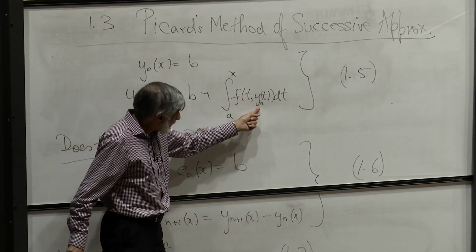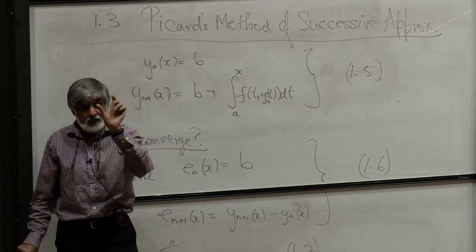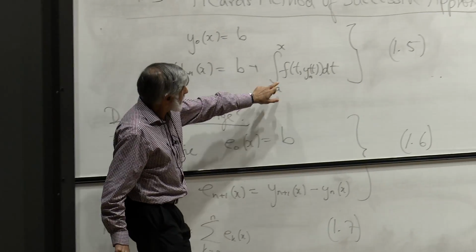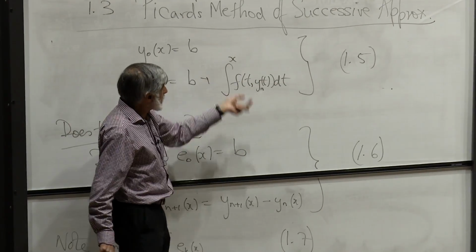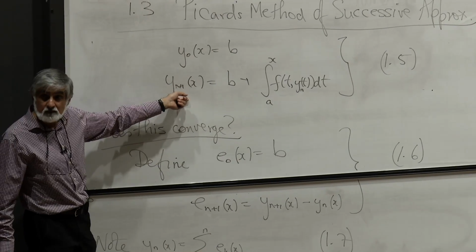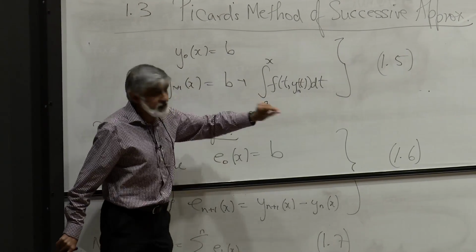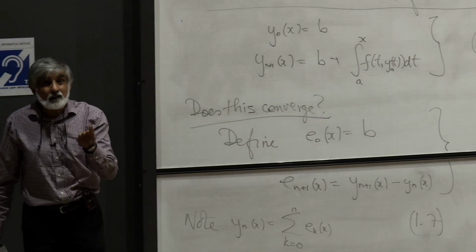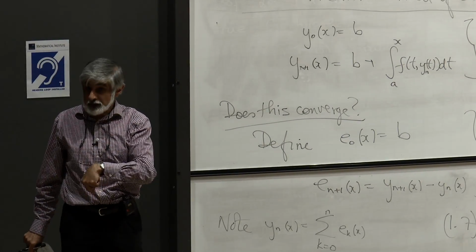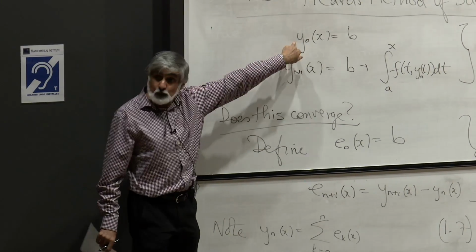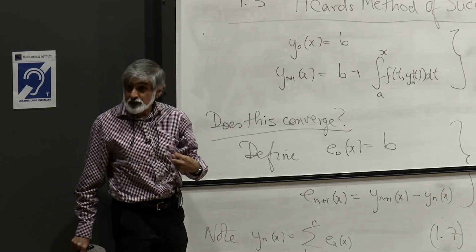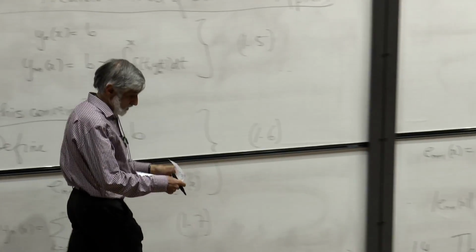So if we assume that yn is continuous and lies in R, then that's continuous. Integrate, that's continuous. So if yn is continuous and lies in R, then yn plus 1 is continuous. But y0 is continuous, so yn plus 1 is continuous. So that's easy.